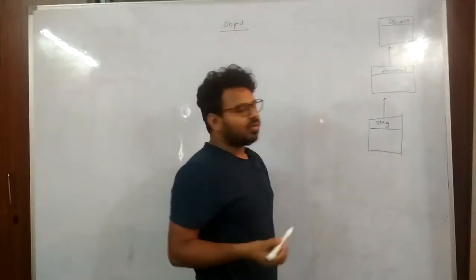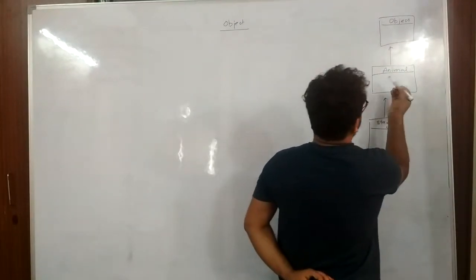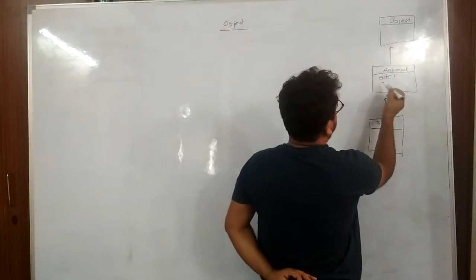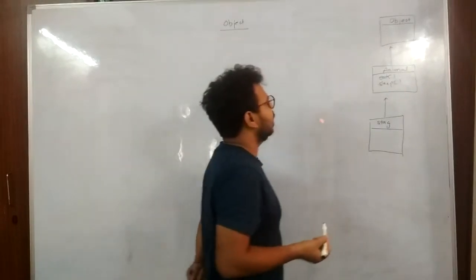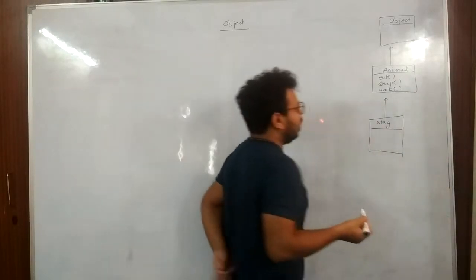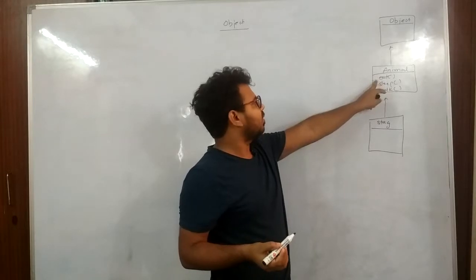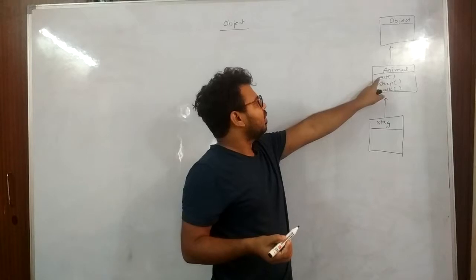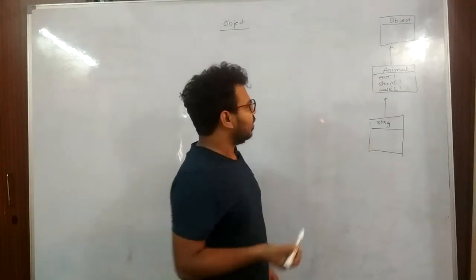Now suppose in Animal we have some methods that an animal can do. Animal can eat, so we have an eat method. Animal can sleep also, so we have sleep. Animal can walk, so let us suppose we have a method walk. When I do not write any access modifier before a method in this UML diagram, always consider it as a public method so that it can be inherited.